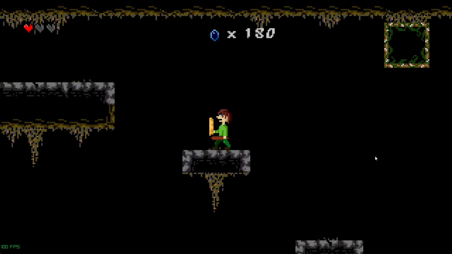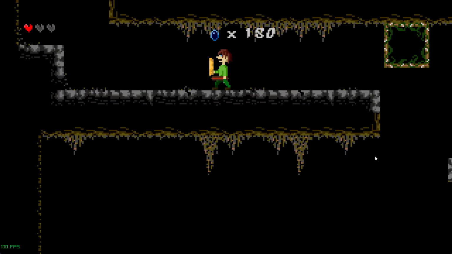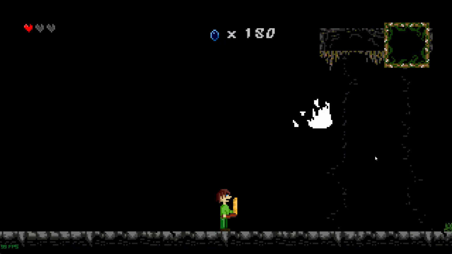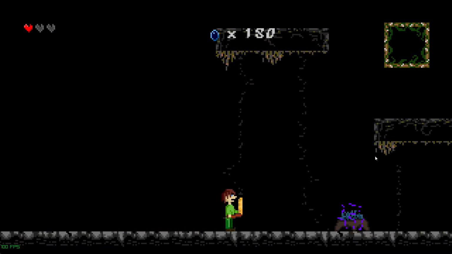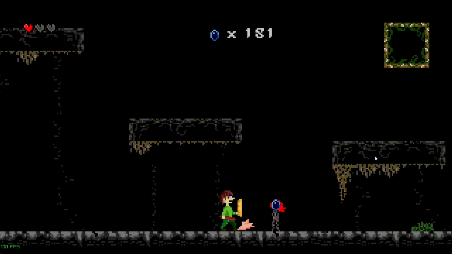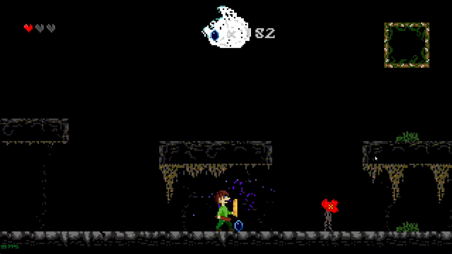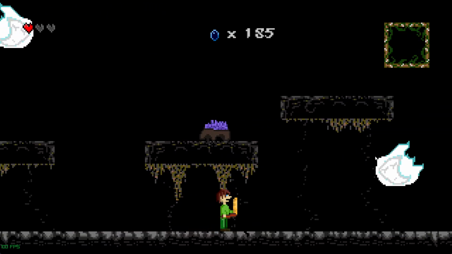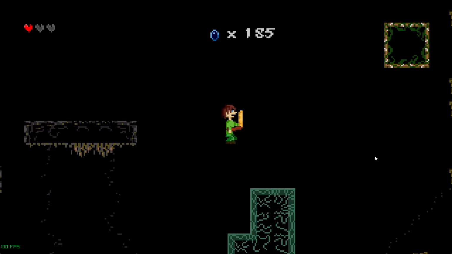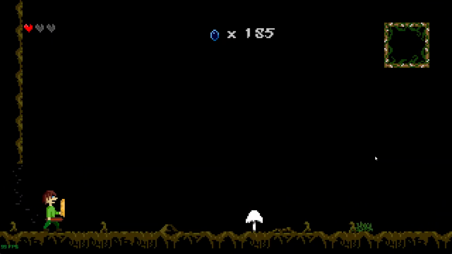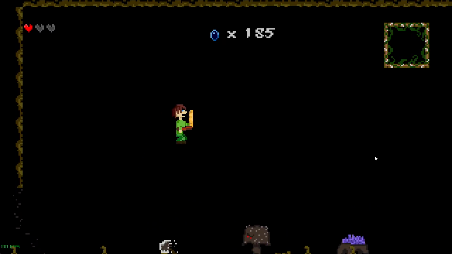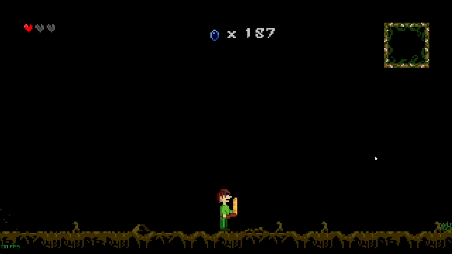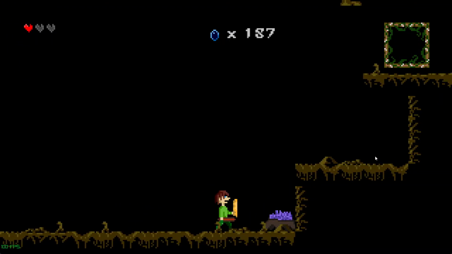Okay, goodbye. I feel like some of these bugs are going to be fun to keep in the game, but no. Goodbye. Oof, that was close. Okay, this guy is... Oof. I don't remember exactly the attack patterns.